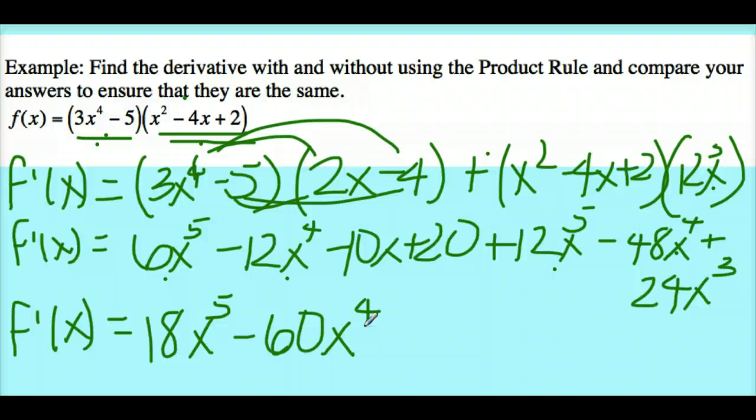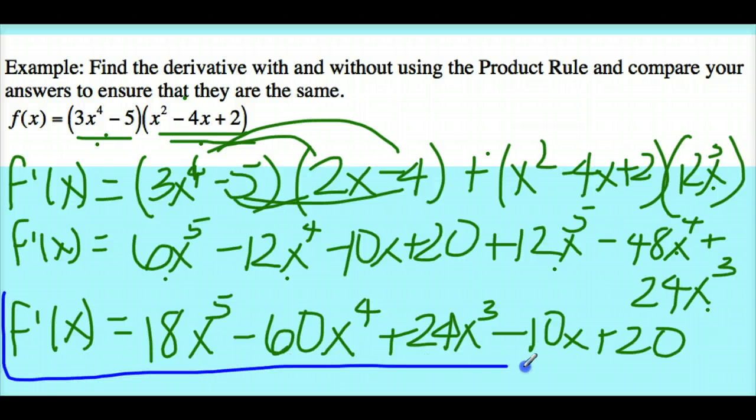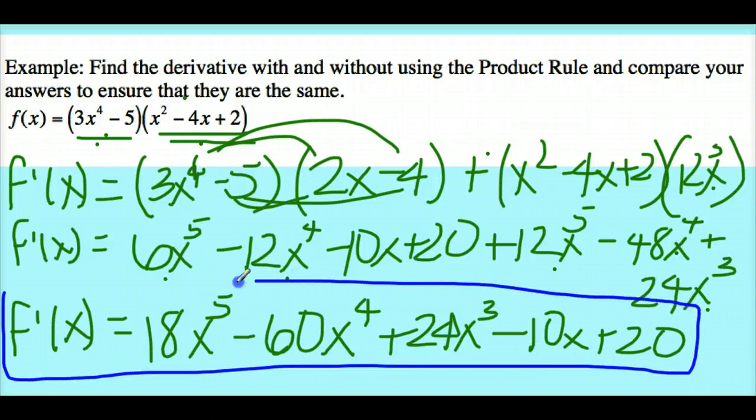So the next term after the x to the fourth would be this 24x cubed. And then if I continue this on, I'm going to get a minus 10x plus 20. So by using the product rule, I get this answer right here.